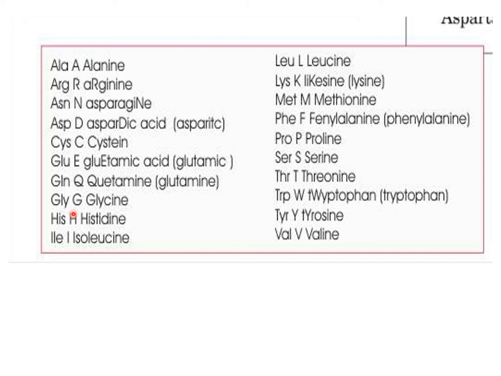Before we name a peptide, we first need to identify the specific amino acids contained in that peptide. So again, you got to remember the 3-letter and 1-letter abbreviations of your amino acids.